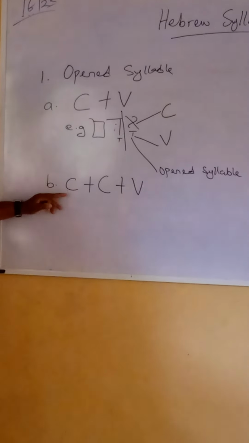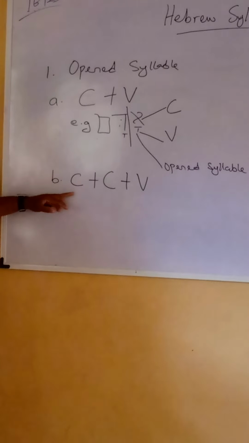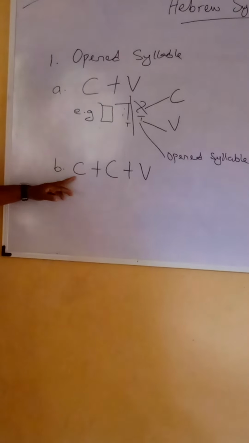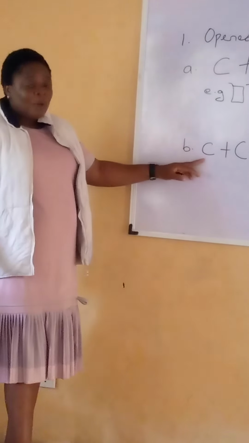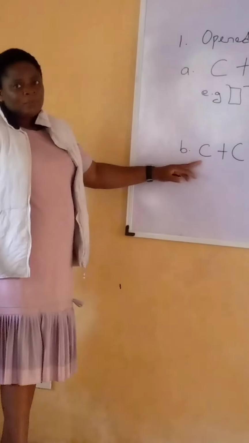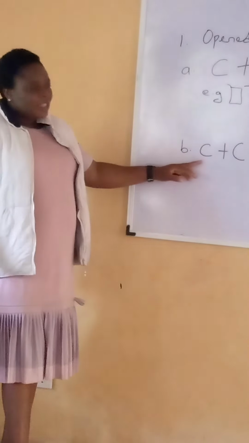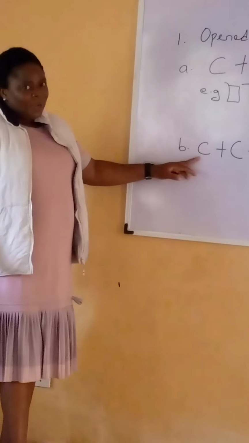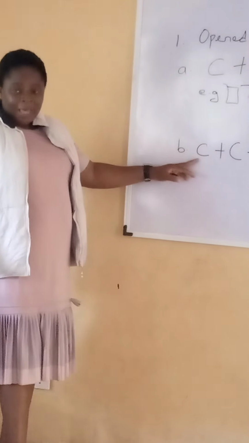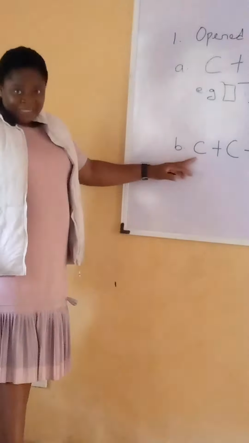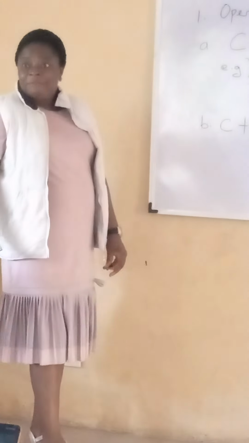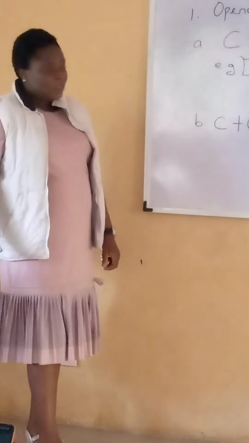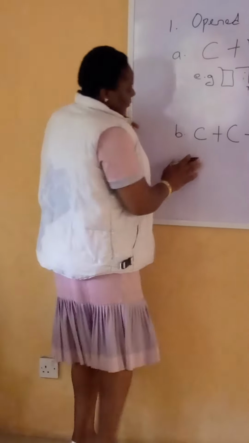This pattern will occur when there is the presence of a half vowel in that syllable. And you know, I said it earlier, Hebrew does not reckon with a half vowel in syllabification. So let's take an example now.